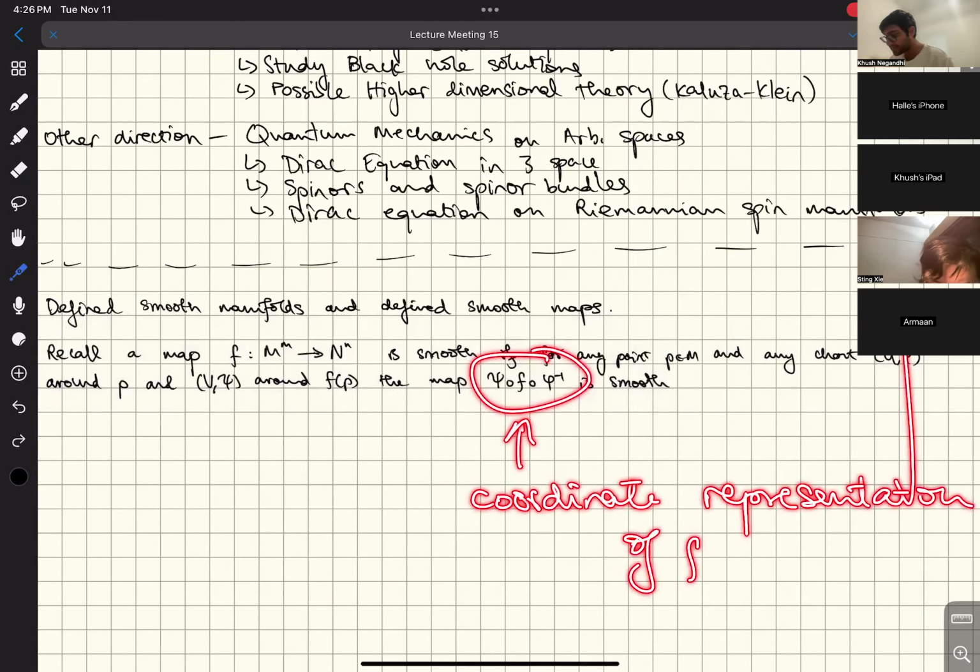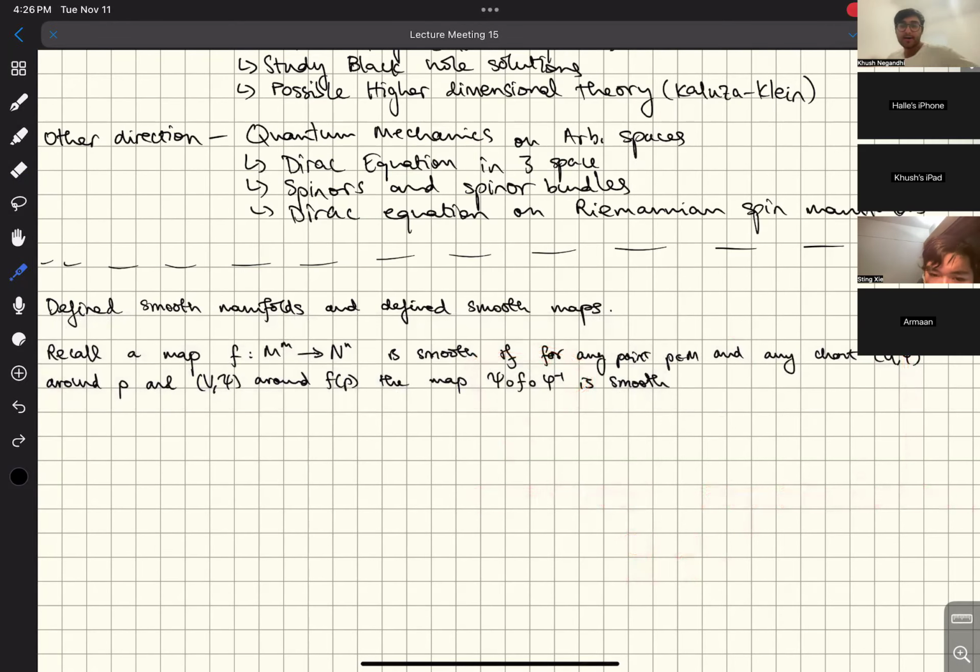We have this coordinate representation of F, and we talked about the smoothness of this map, but the main idea was to generalize all these things, right? So we should move away from coordinates for a little bit. We'll come back to coordinates as always because computations are much nicer in coordinates for the most part.